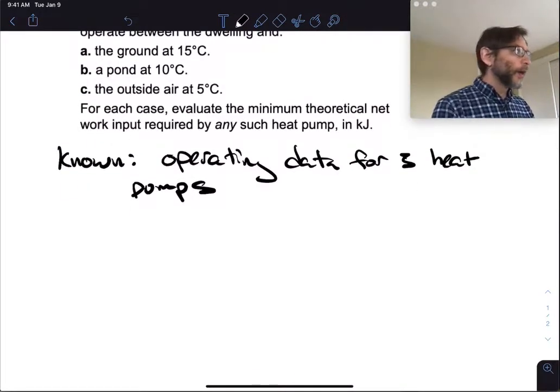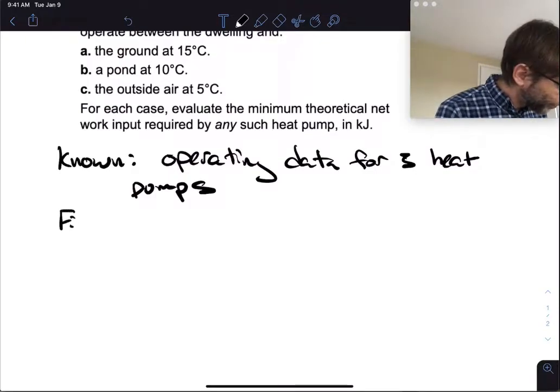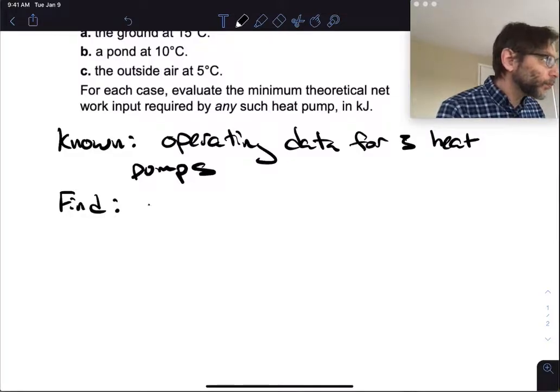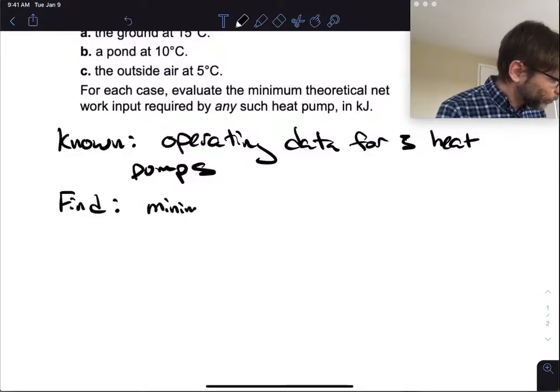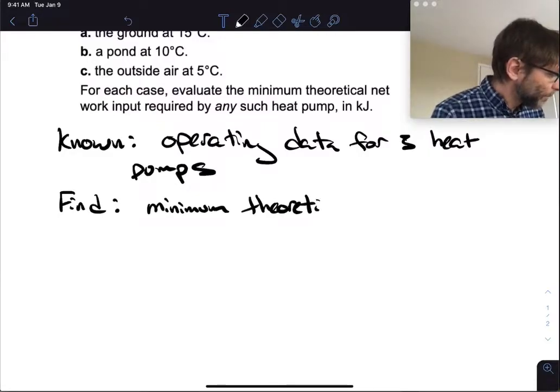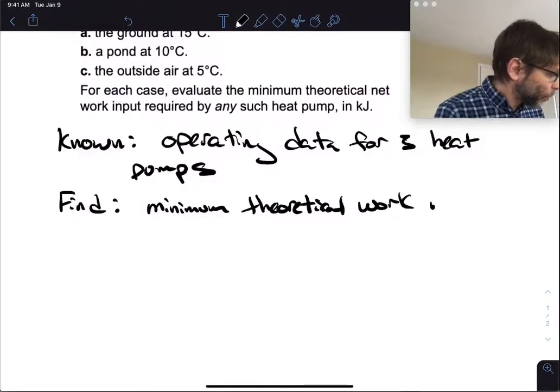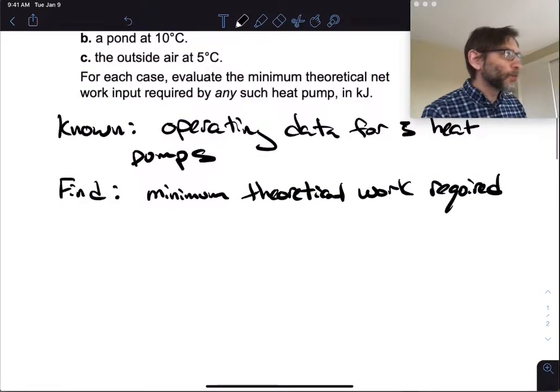Okay, so we're supposed to find the theoretical work required. All right, so we're trying to find the minimum.